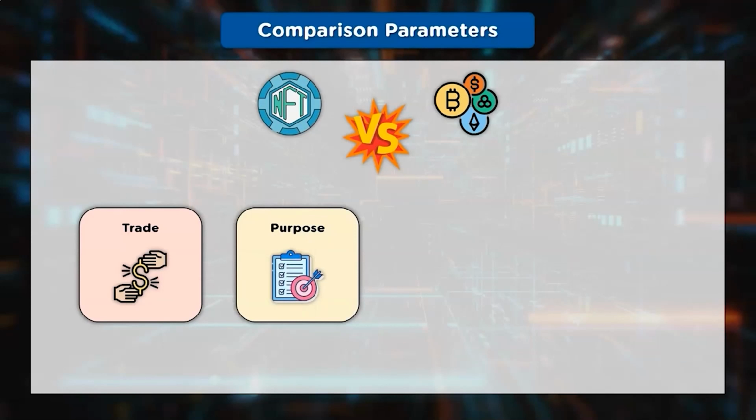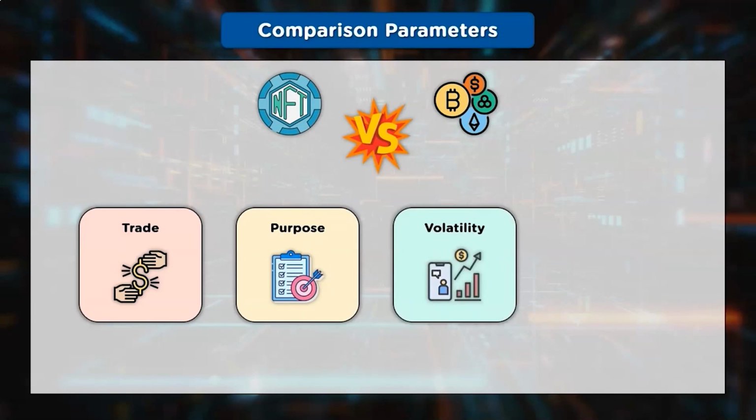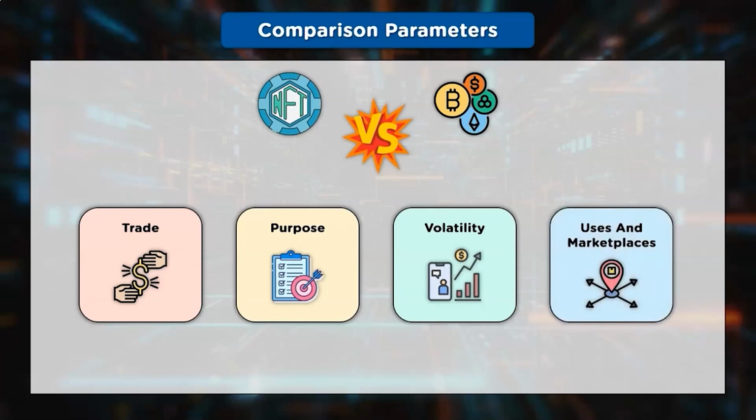We will differentiate between them by the purpose behind their concept. Third is volatility. In this, we will compare their performance and volatile nature in the crypto market. And the fourth and the last one is users and marketplaces. In this, we will look into the difference between their users as well as the marketplaces they're actively used in.